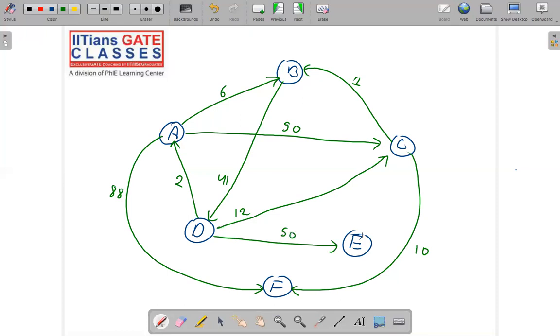And that's it. From E, we have 1 edge to C with edge weight 16.